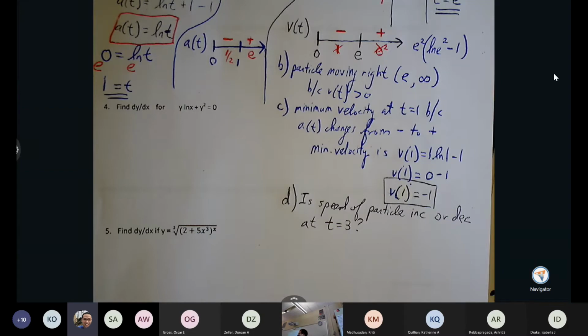Yeah. So do you guys remember what we do with acceleration and velocity? Yeah, either same signs or opposite signs, right? If they have the same signs, that means what? Increasing speed, right? Either both positive or both negative. But if one is positive and the other is negative, then it means decreasing speed.